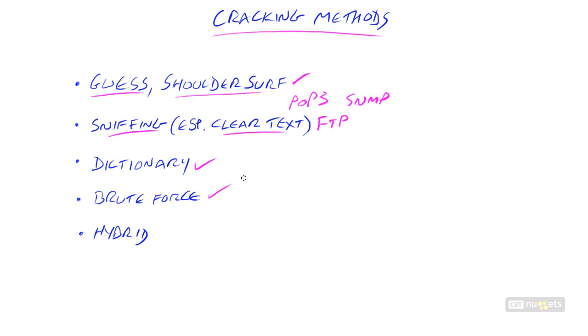We can also just do brute force, which is really a computerized method for trying to guess every single possible combination of alphanumeric, upper, lowercase, and everything. And then there's also hybrid, and there are certain cracking utilities that can take both a dictionary attempt and a brute force and combine both efforts at once, and that would be a hybrid method.